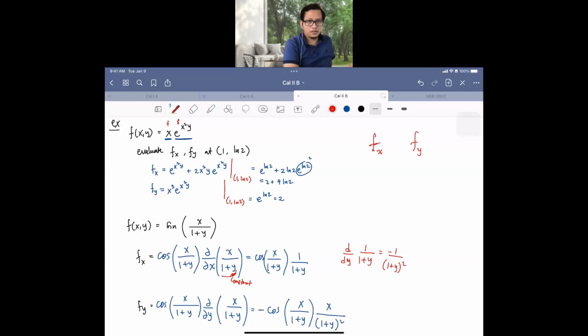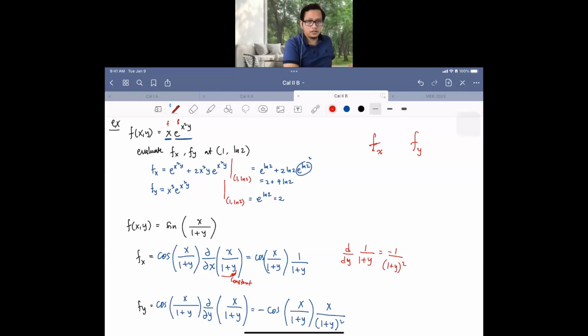These are the symbols that we are going to use for partial derivative. It means that we are partially deriving with respect to x and the other one with respect to y. So we are going to treat each other variable as a constant.